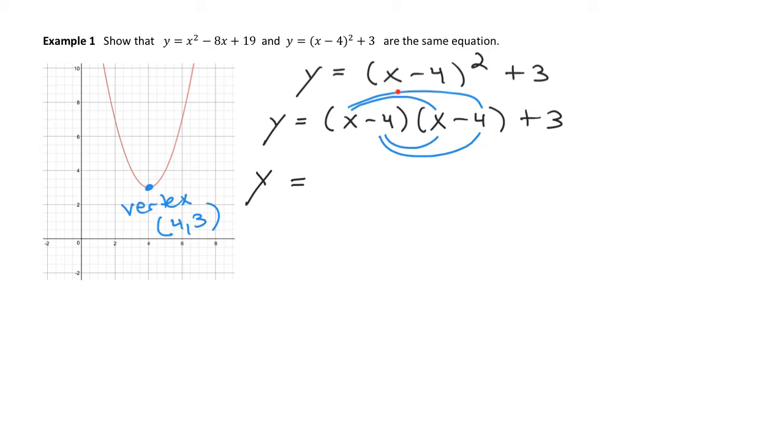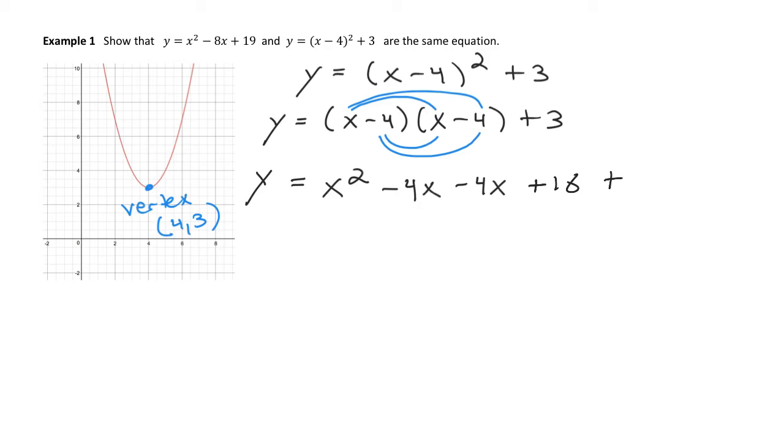Okay, x times x gives me x squared. We have then x times negative 4, which is minus 4x. Moving on to this negative 4, that gets multiplied to x, so we get a second negative 4x. And then we have a negative times a negative, so it's going to be a positive, and 4 times 4 is positive 16.